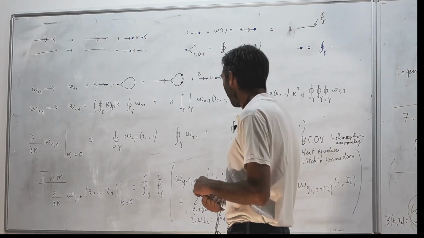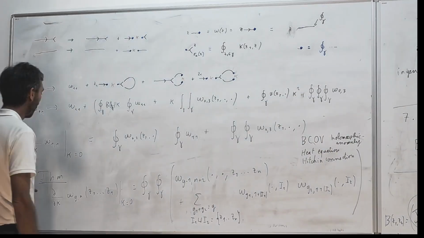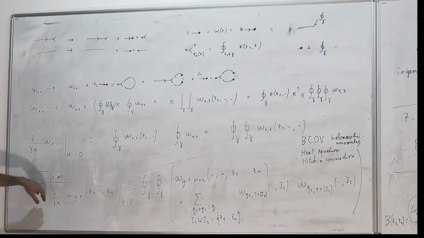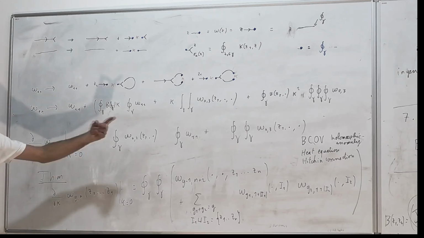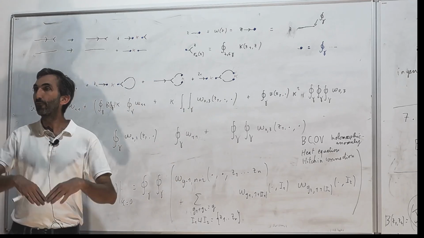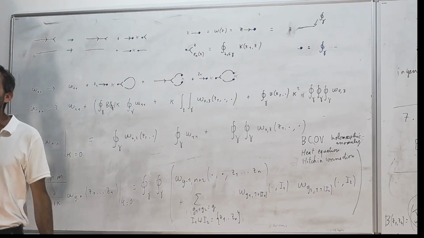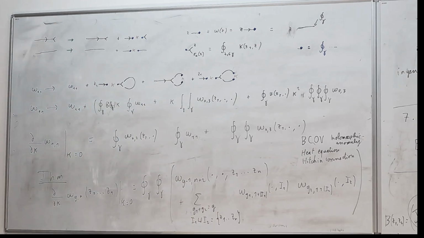Another thing is that since d over d kappa is a quadratic operator, when you want to apply the formula several times, somehow you have to exponentiate this quadratic operator. And the exponentiation of a quadratic operator can be done by writing some Gaussian integrals. Exponential of a quadratic operator is typically what Gaussian integrals do.